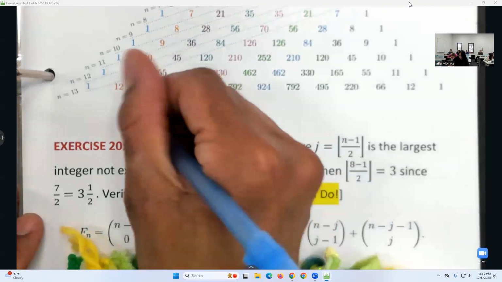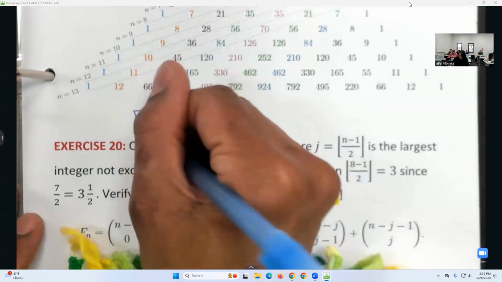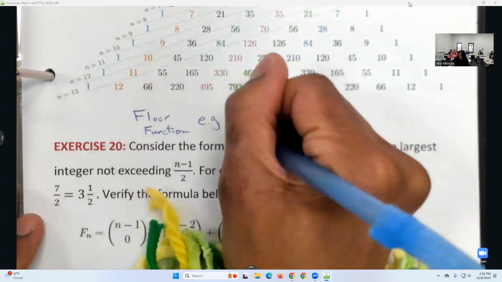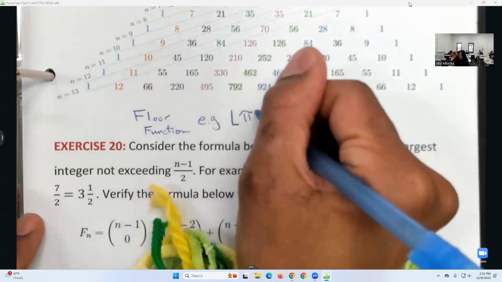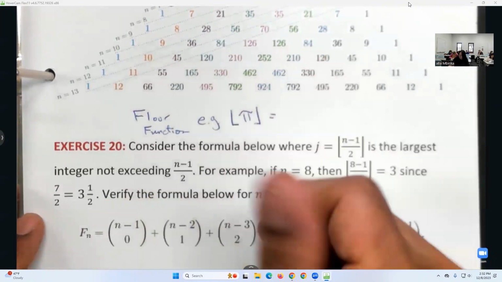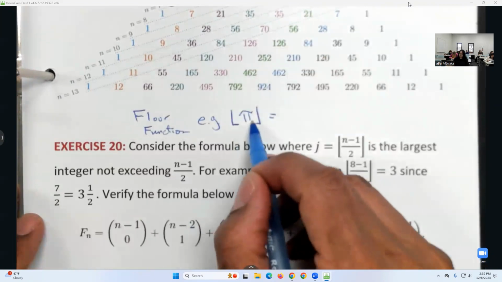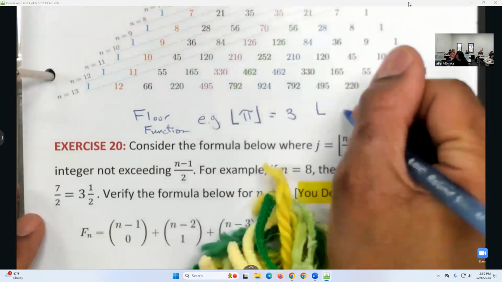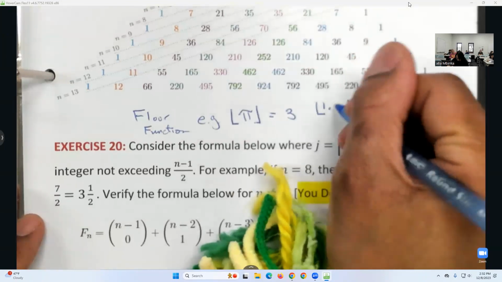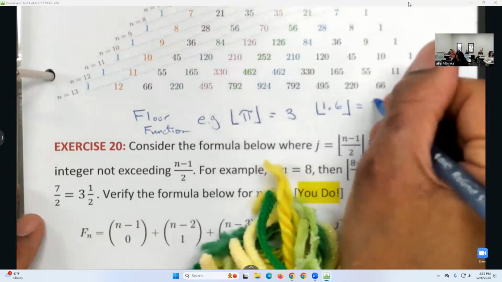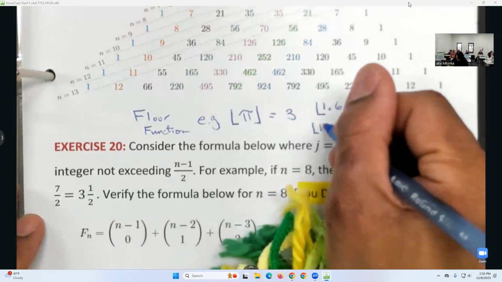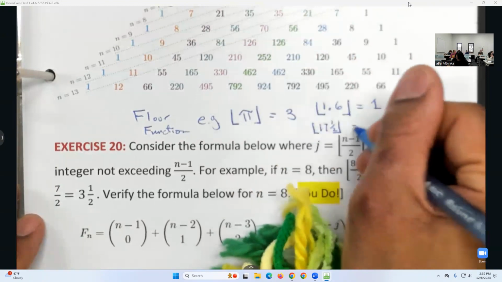Well, there's this thing called the floor function. For example, I'm going to give some examples and you tell me what you think the floor function is doing. The floor function of pi is 3. The floor function of 1.6 is 1. The floor function of 17 and a half is 17.